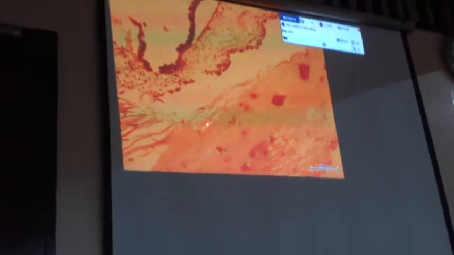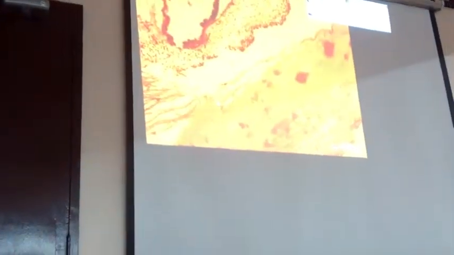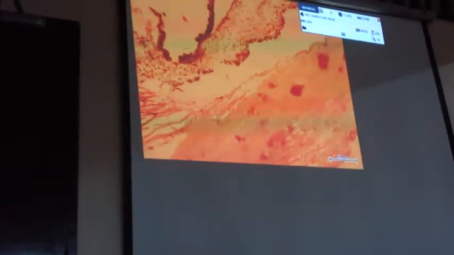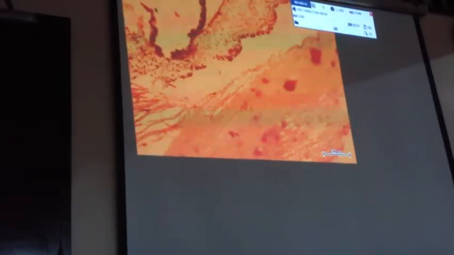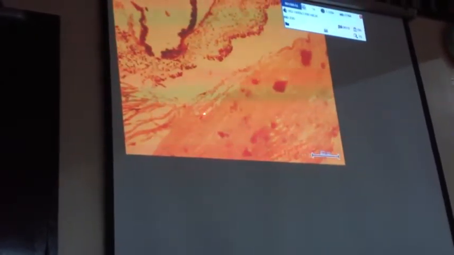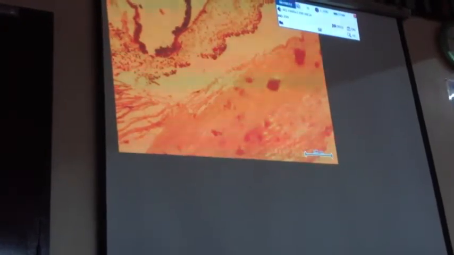That space is called the canal of Schlemm. What is the function of that canal? It drains the excess aqueous humor. What condition will develop if the canal of Schlemm is blocked? Glaucoma.